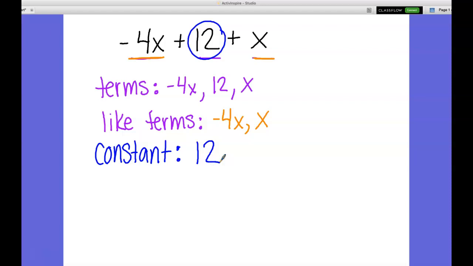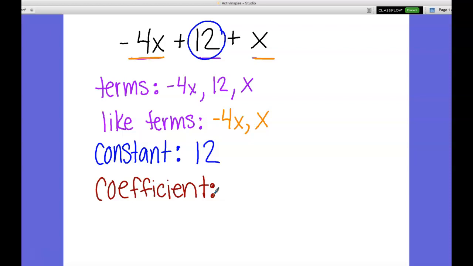And then to bring in one more word that we've already talked about, a coefficient. Sorry, I'm double checking my spelling. And if you remember what a coefficient is, it is the number that is multiplied to a variable.